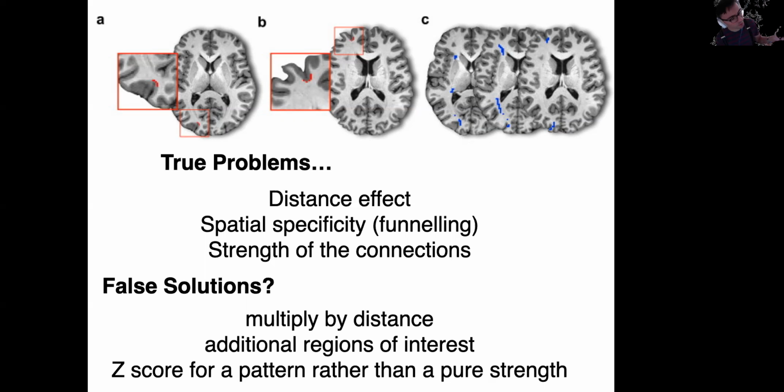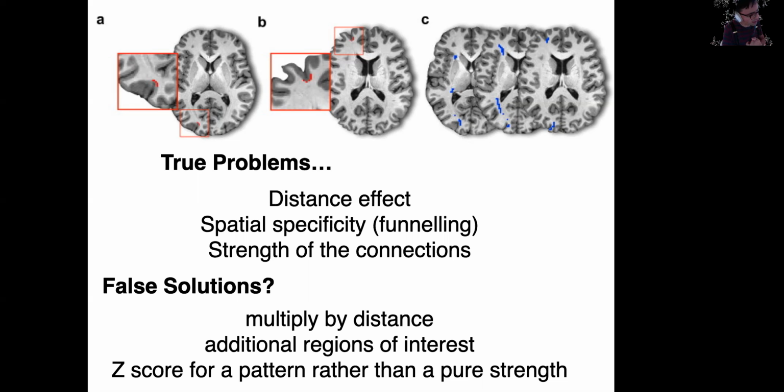For the spatial specificity, we use spatial regions of interest, and typically the funneling is a problem that concerns the corpus callosum projection on the contralateral hemisphere. To cover for that, we have a region for the corpus callosum, and information from the other hemisphere will not influence the parcellation, just the connection to the corpus callosum.